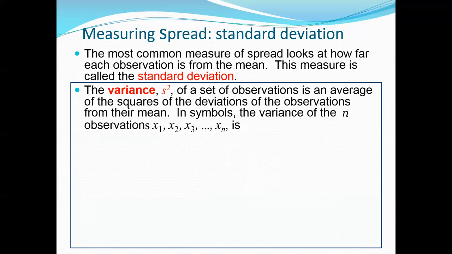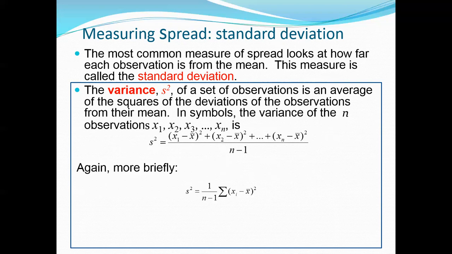and on till x sub n, is S squared equals the quantity x1 minus the mean squared plus the quantity x2 minus the mean squared, and so on, until you finally sum the final quantity xn minus the mean squared, and you divide that by n minus 1.